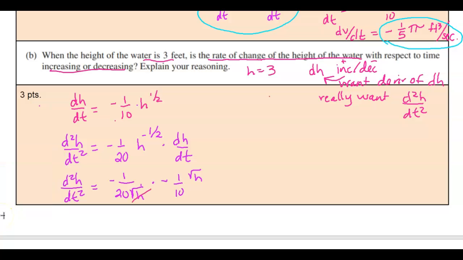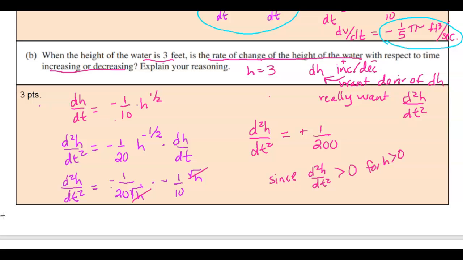Okay, so if we clean this up, we actually get d squared h over dt squared is, well, even if I didn't clean this up, I know a negative times a negative is a positive 1/200. So what we can say is that since d squared h over dt squared is greater than 0, and it really is for h greater than 0, you won't get that marked off if you don't put it though.